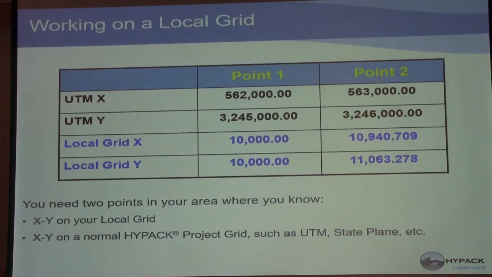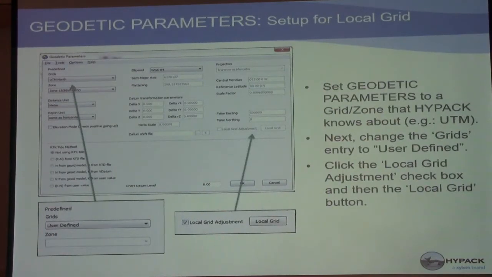So you have to have some sort of grid set up in HYPACK, UTM, state plane, or so on. You have the 2 points there, and then you have to know what those points are in your local grid. So what you do is initially go, let me bring that up here.